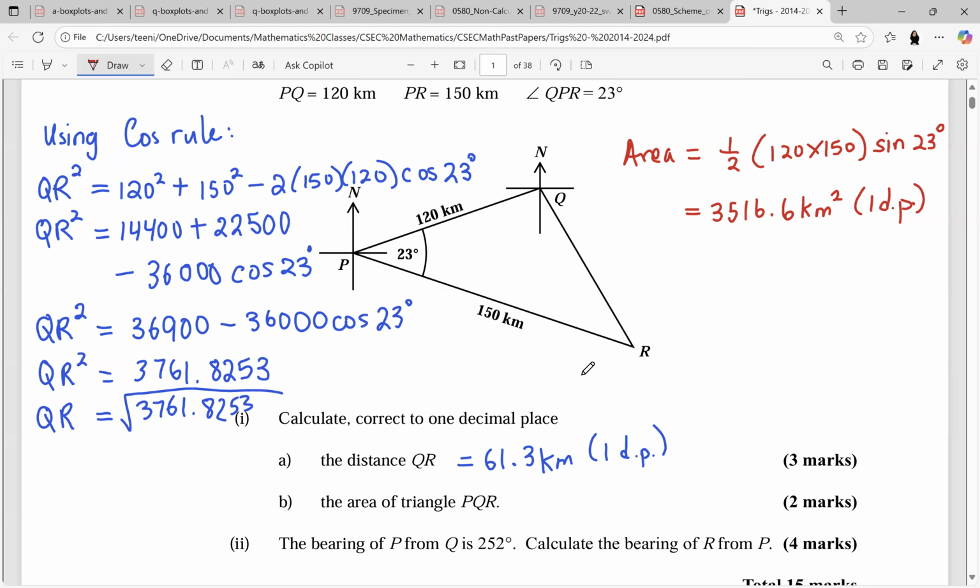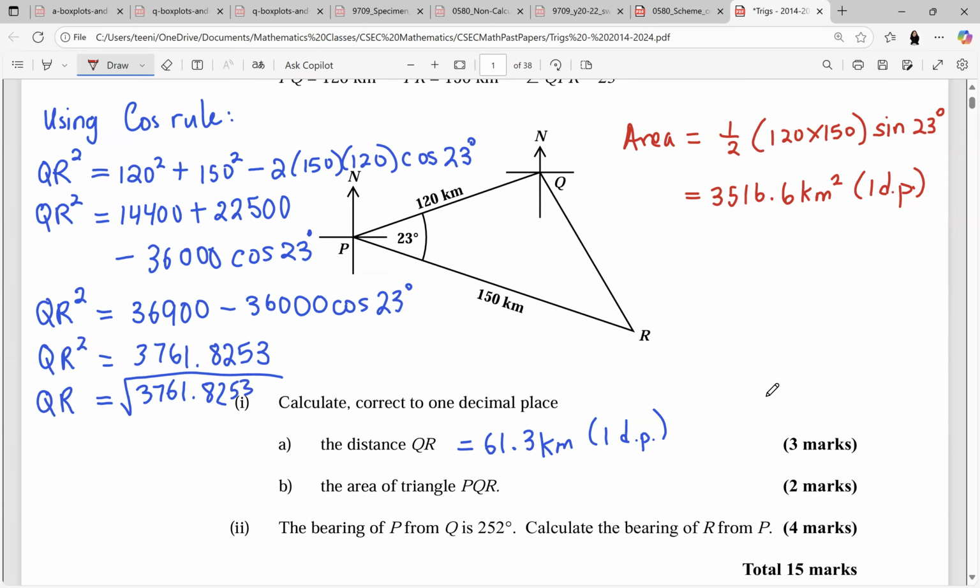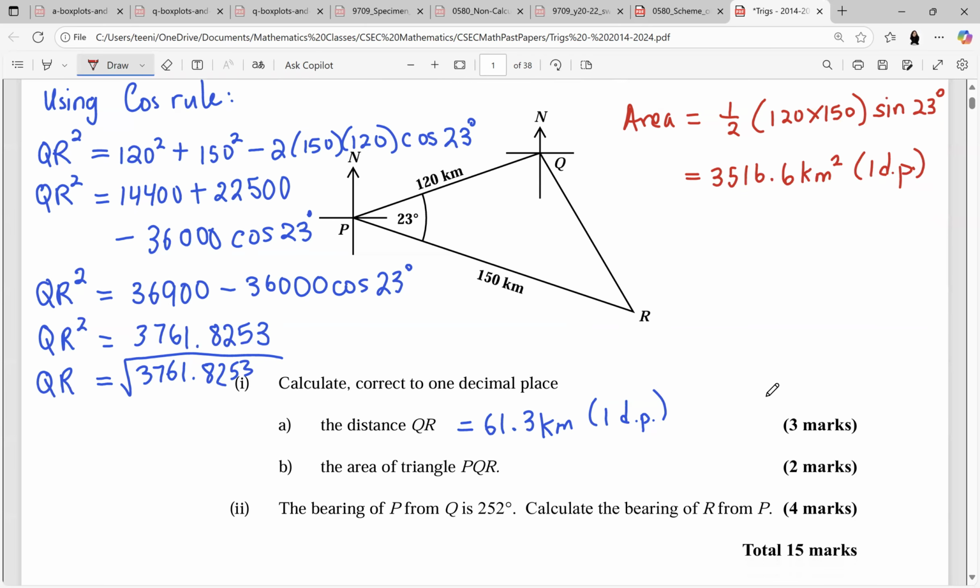I put 30 instead of 23. Ah, okay, got it. So the area of the triangle here will be 3,516.6 km squared, since area is in square units.